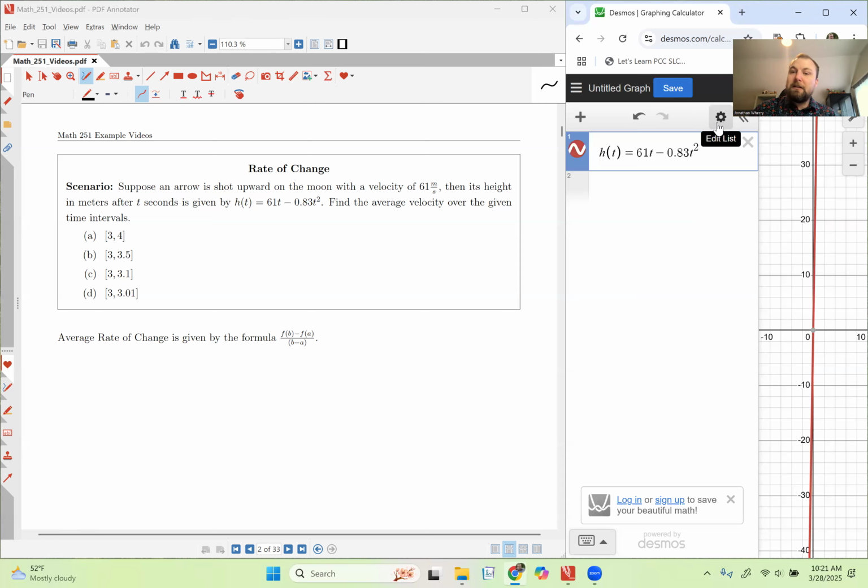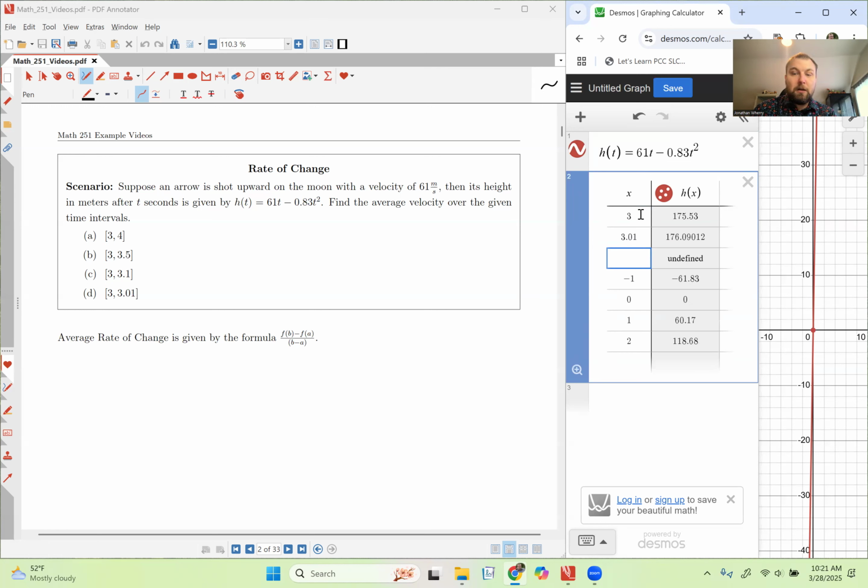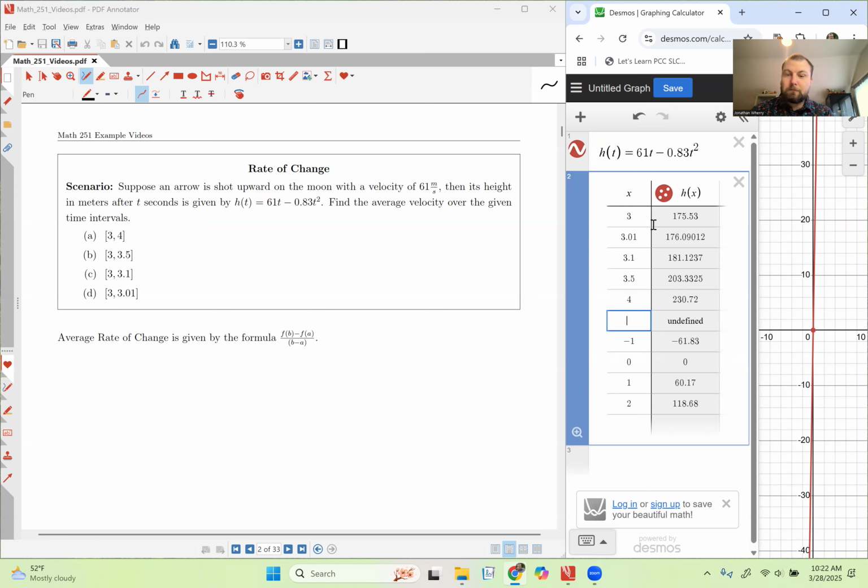If I hit this gear thing on the side, edit list, I can create a table, and then I can change these values in the table: 3, 3.01, 3.1, 3.5, and 4. Okay, so I think I got all the values that I need there. These are all of the y values for 3, 3.01, 3.1, 3.5, and 4.